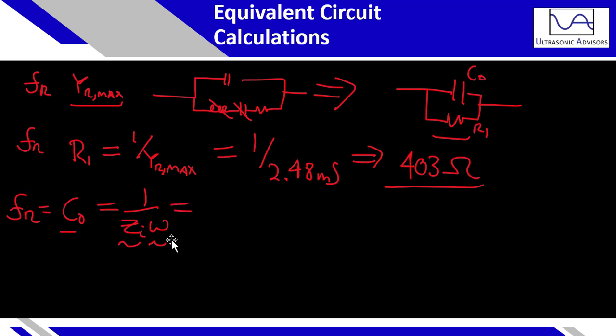But keeping things all in terms of admittance, we'll do the imaginary admittance divided by our angular frequency. And the reason that we can do this transformation is because we have this simple equivalent circuit here.